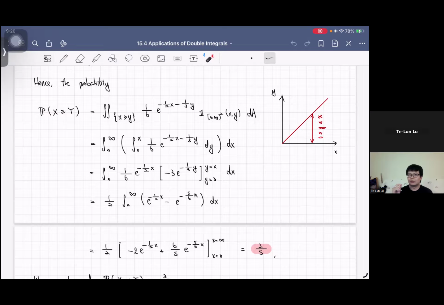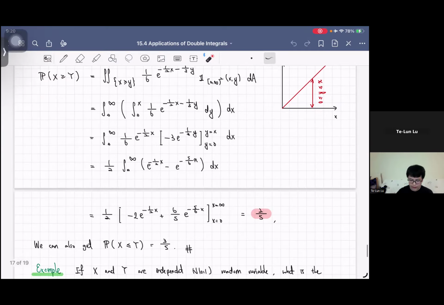So it is more possible for the register X to have a shorter waiting time, making the probability that the waiting time for X is less than Y equal to 3/5. It is more likely that you have a shorter waiting time at X and a longer waiting time at Y. So this shows that the exponential distribution model is good in the sense that it reflects the reality. Actually, it reflects the intuition, I would say.